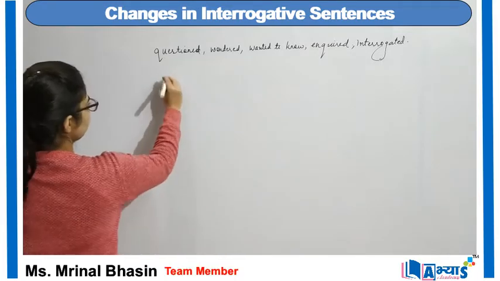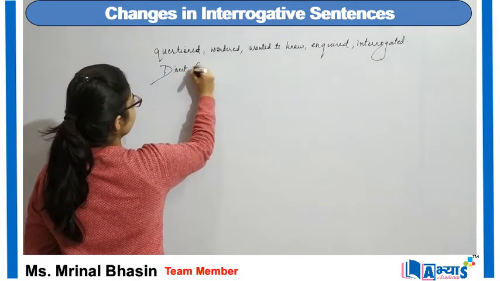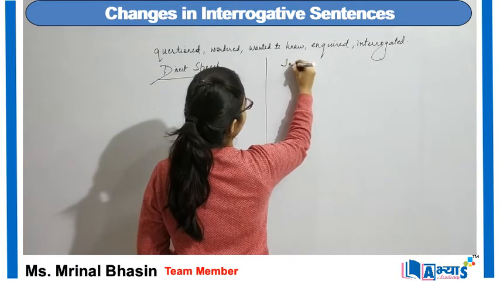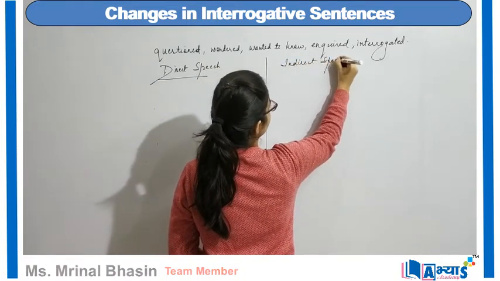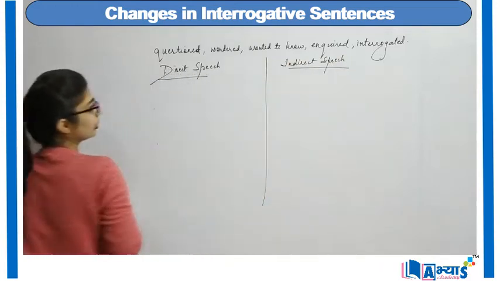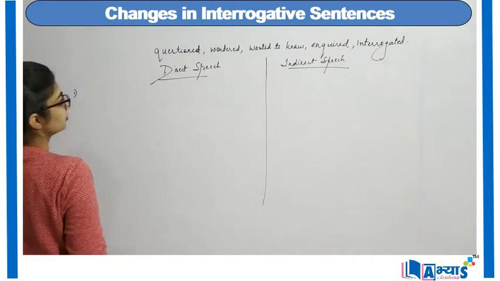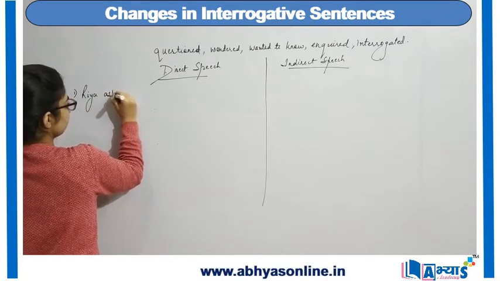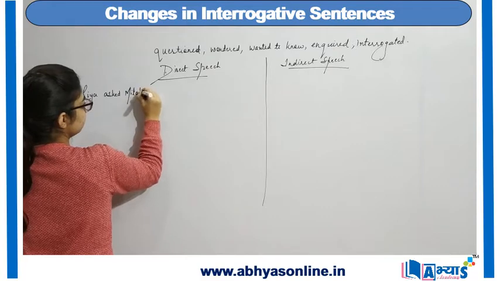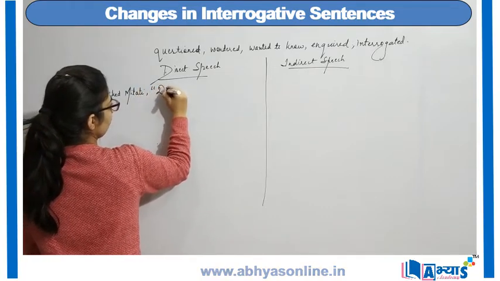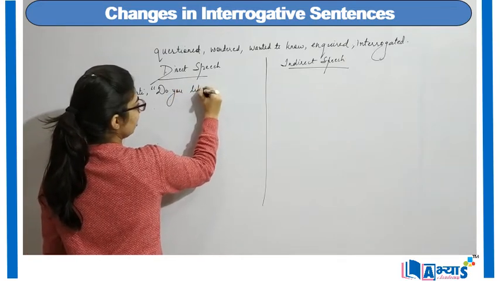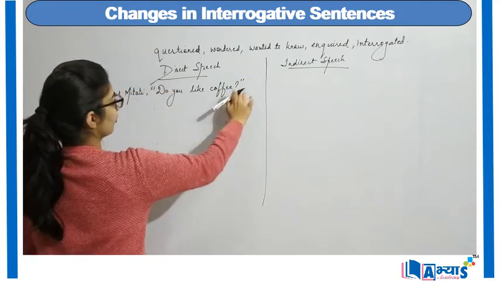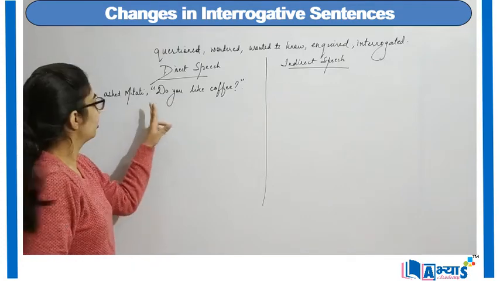Now let us understand this concept with the help of some examples. Direct speech and indirect speech. The first example can be: Ria asked Mitali, "Do you like coffee?"